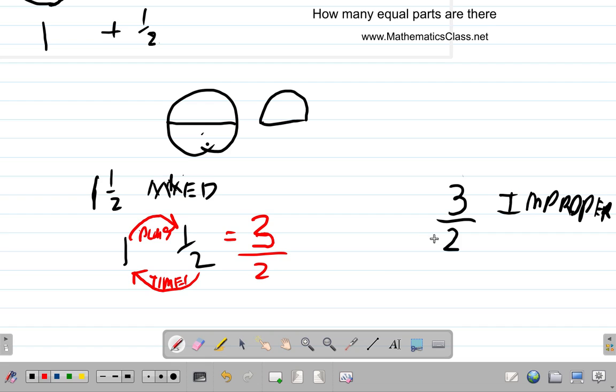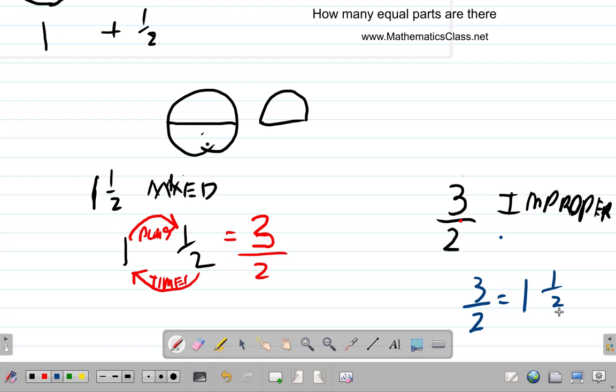Now, let's look at converting 3 divided by 2 back to a mixed fraction. A shortcut way of doing it: how many 2's do you have in 3? There is 1 two that's in 3. But what we want is the remainder. The remainder is 1. So it's 1 out of 2.